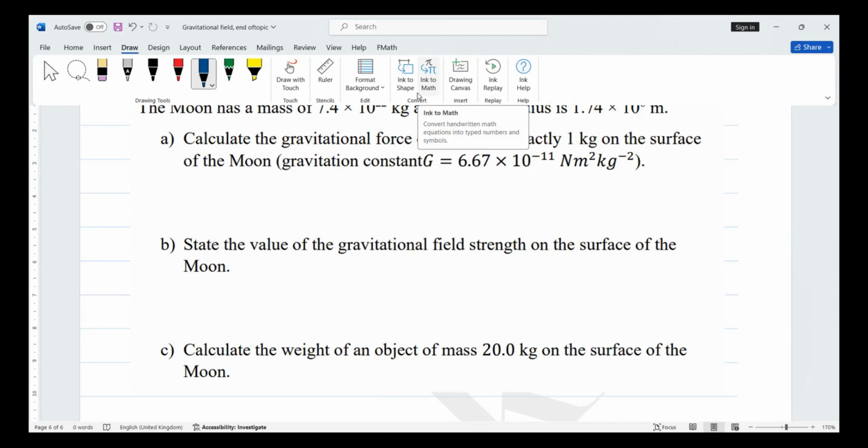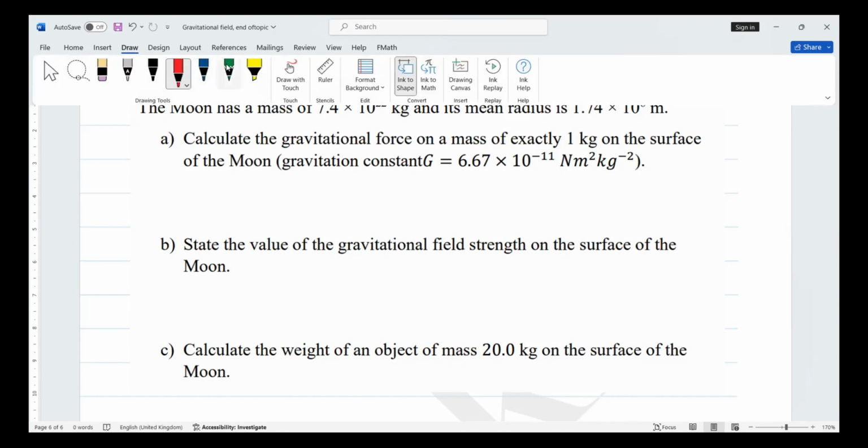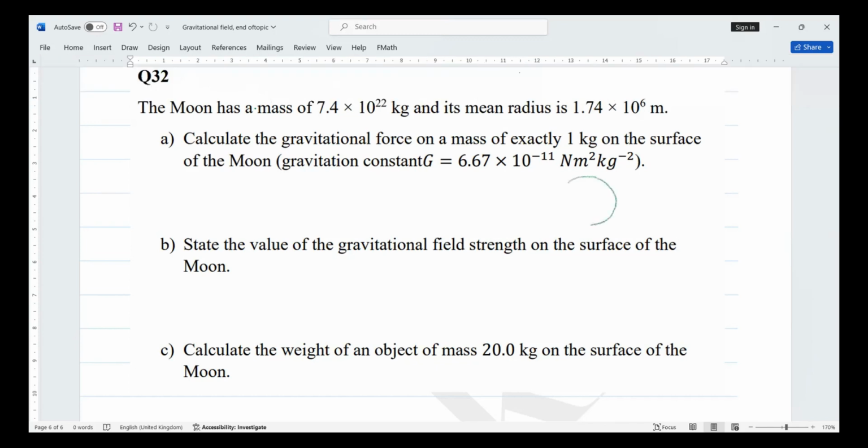Okay. Now I draw this figure in front of you. This is the surface of the moon. This is the moon, a big mass, of course. And here we have another mass on the moon surface, a small one.